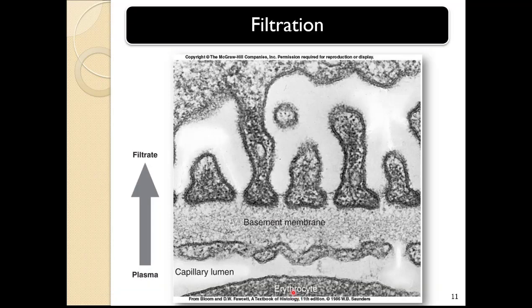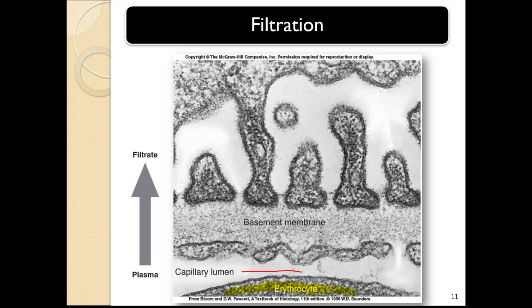If we actually look at a cross-sectional picture of this, you can see it quite nicely. So let me describe what's happening here. Down at the bottom of this picture, you can see an erythrocyte, a red blood cell. Here is basically the lumen of the capillary in this red section here.